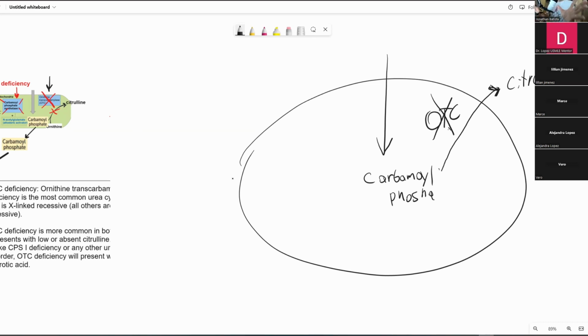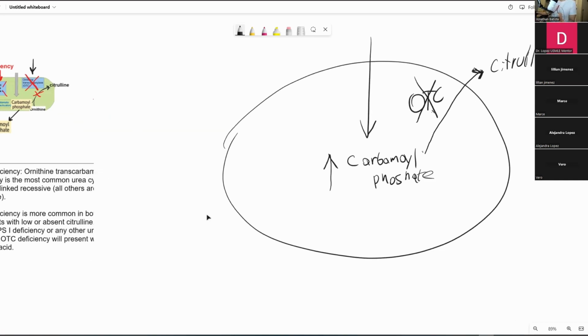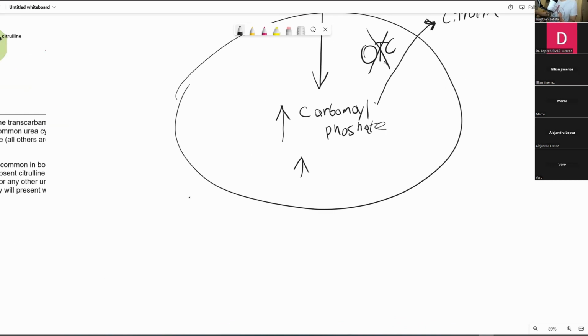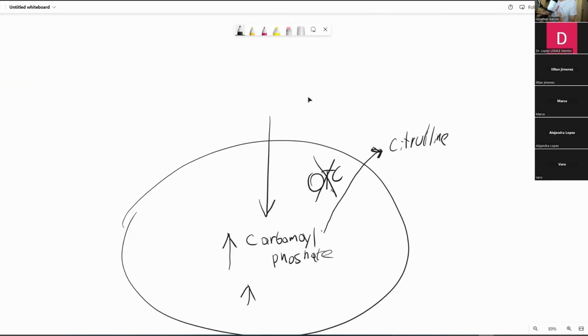The biochem rule was increase carbamoyl phosphate. Guess what? It increases so much because the ammonia doesn't stop. The ammonia keeps coming in. Ammonia, bicarb, and 2 ATP. This enzyme is working, carbamoyl phosphate synthase 1.